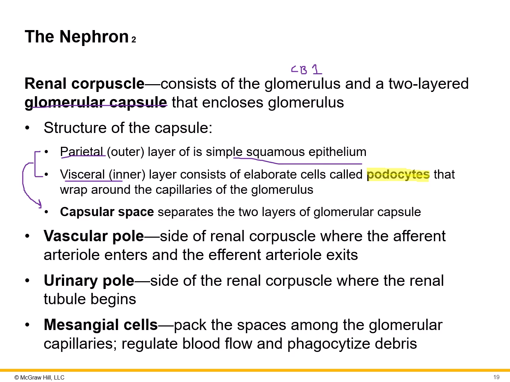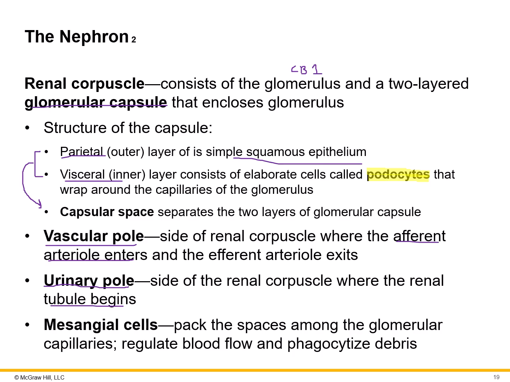Okay, the vascular pole. Guess where it's going to be? It's going to be where the vessels enter and exit. The urinary pole. It's going to be the side where the tube begins, right, where the urine collection is going to begin.